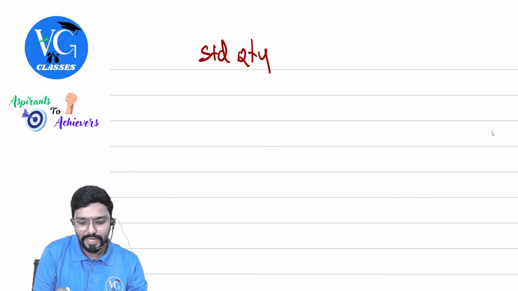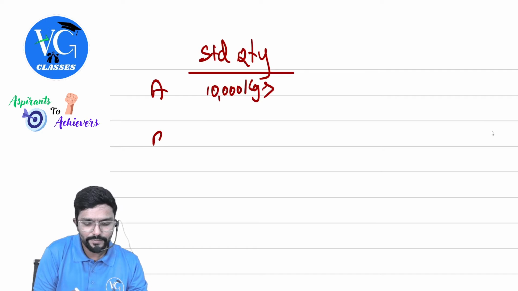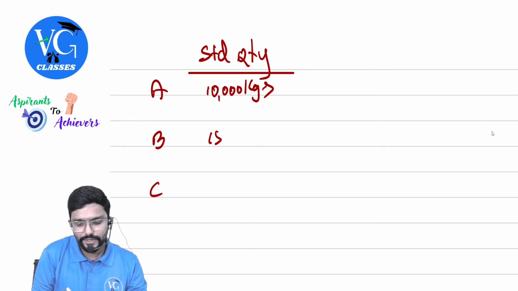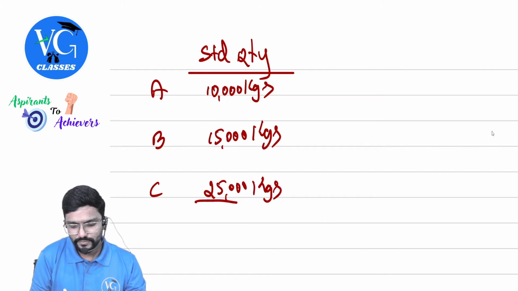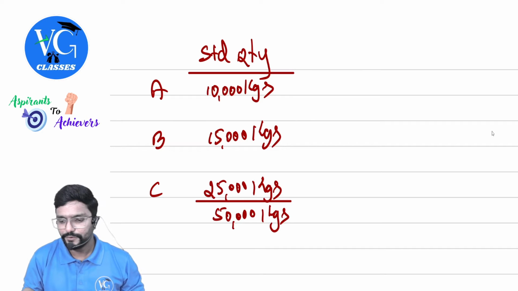Standard quantity, guys. I am now writing in total. Standard quantity you are supposed to use: 10,000 kgs, let me name it as A, B, C, and 15,000 kgs, and 25,000 kgs, total 50,000.